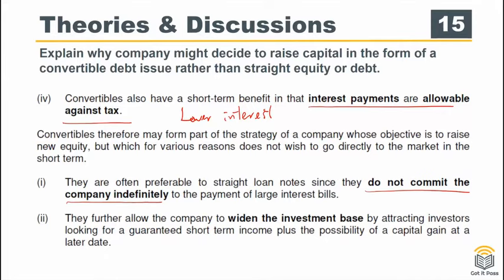And the investment base can be widened because some investors are just looking for guaranteed short-term income. So it's a chance to widen your investment base to reach those investors who seldom invest in equity.